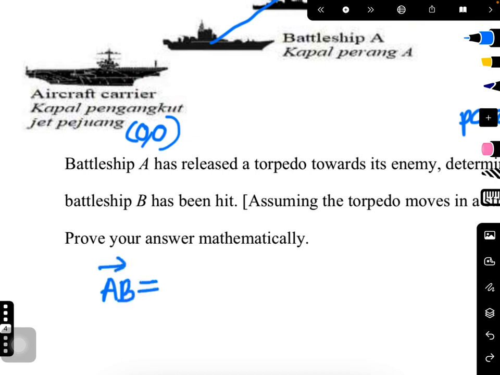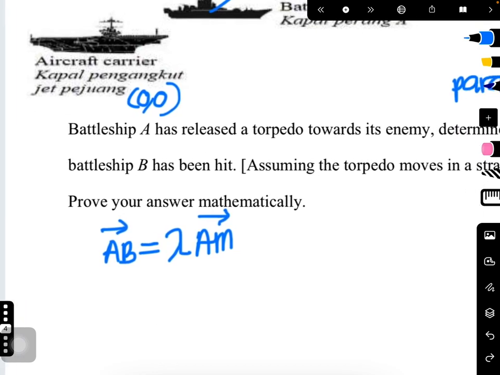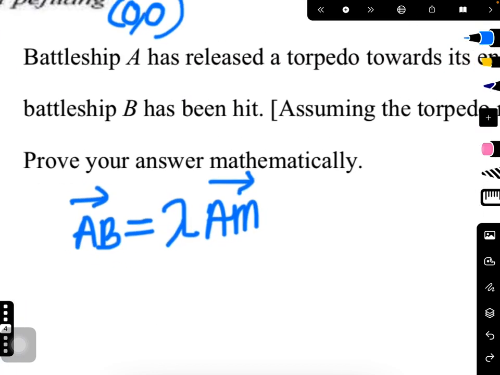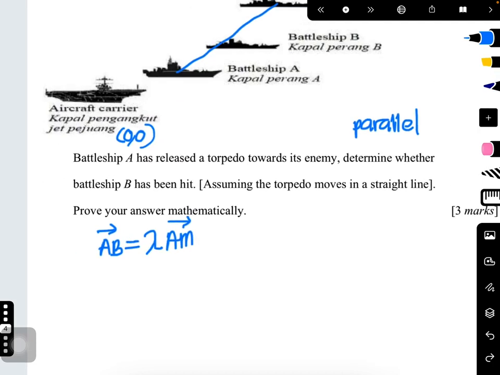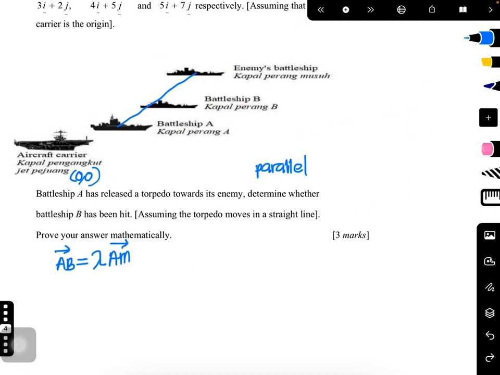vector AB equal to lambda. We don't know the constant yet. Vector AM. Okay, AB.